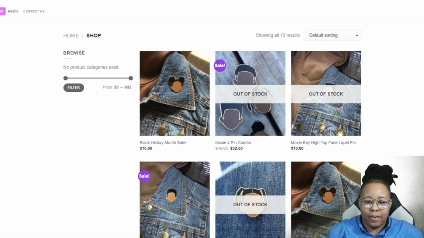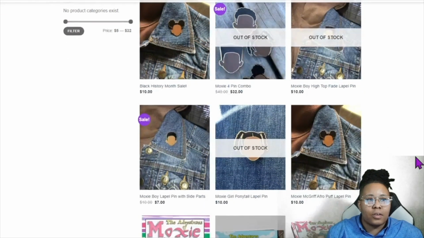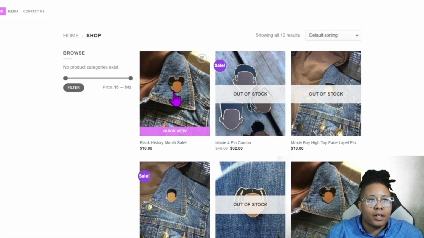And let's take a look at some of the things that she's done with Moxie McGriffin. Not only do they have a comic book series, but also look at these products. So she has a line of pens. This is amazing. That is beautiful. Oh man, that's nice.